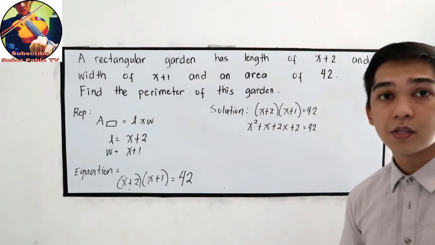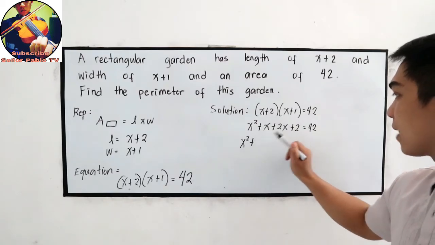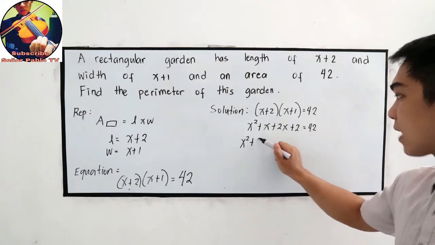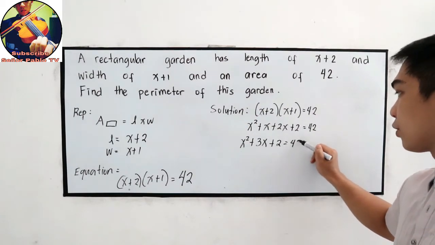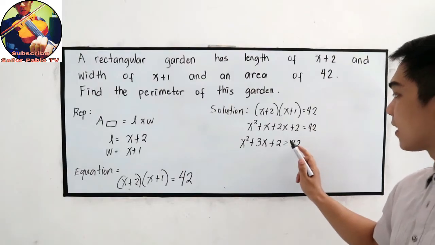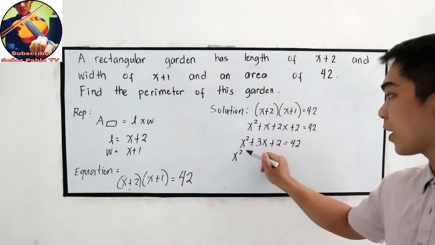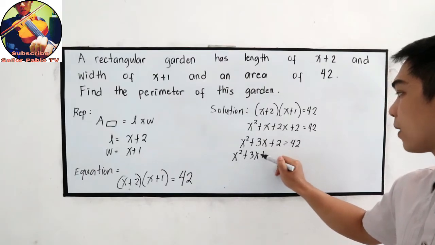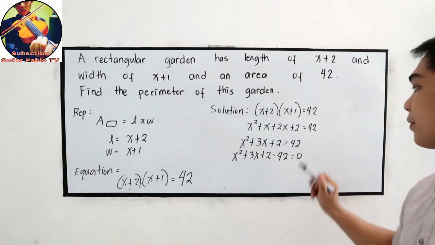Combine like terms. So we have x squared plus x plus 2x, that is 3x, plus 2 is equal to 42. Let us transpose 42 on the left side. So we have x squared plus 3x plus 2 minus 42 is equal to 0.